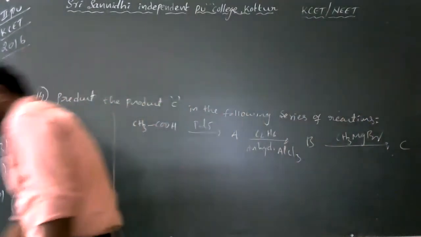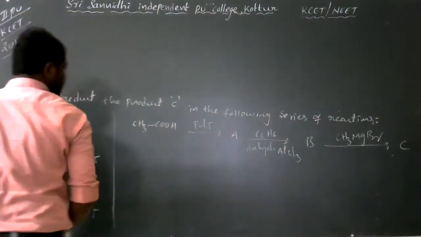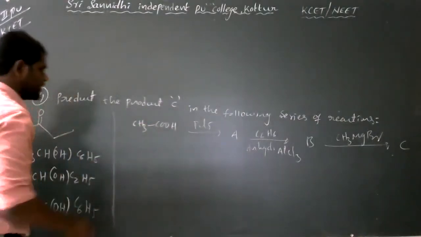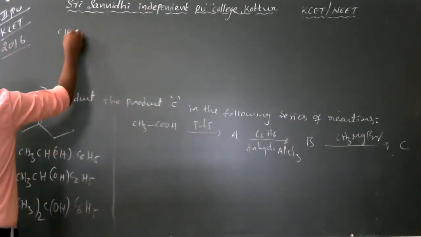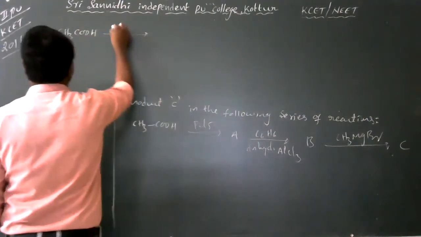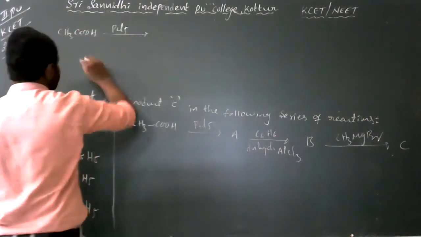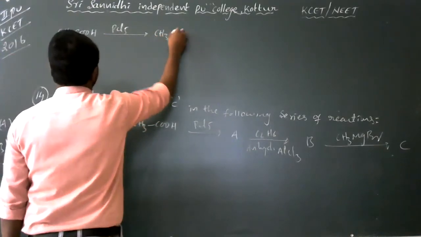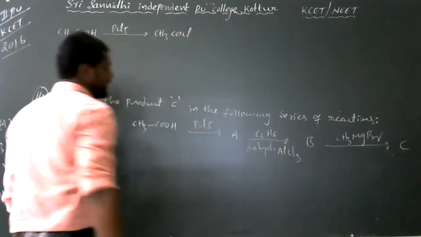Right. Question number 14. Predict the product C. First we have to treat acetic acid, CH3COOH, with PCl5, phosphorus pentachloride, which gives POCl3, and CH3COCl is formed, which is called acetyl chloride.